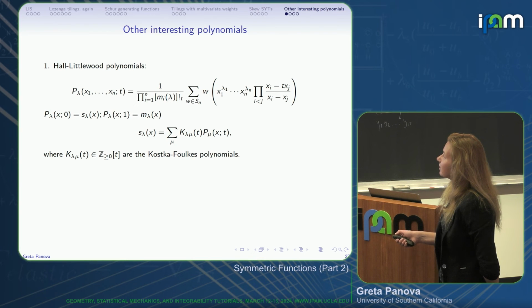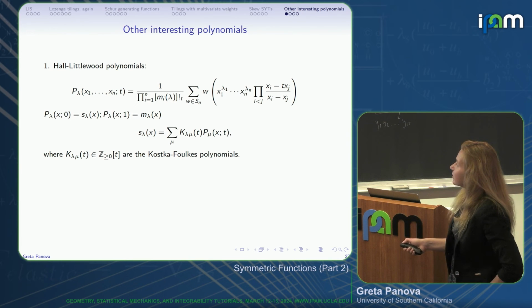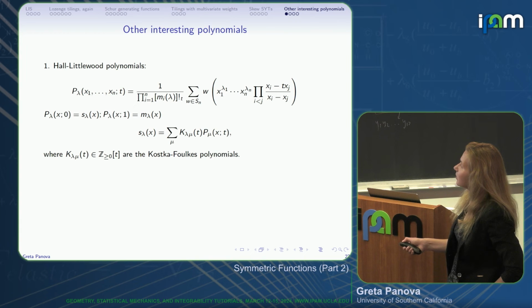What does this mean? So this is a rational function in our parameter t. It has an explicit product form. Sum over all permutations w of Sn, w acting on this is basically permuting the variables.